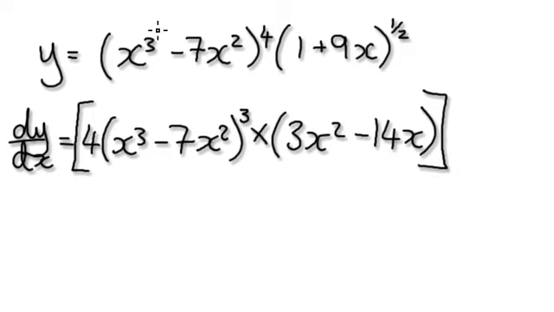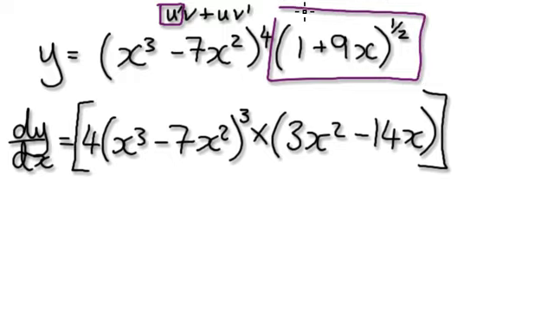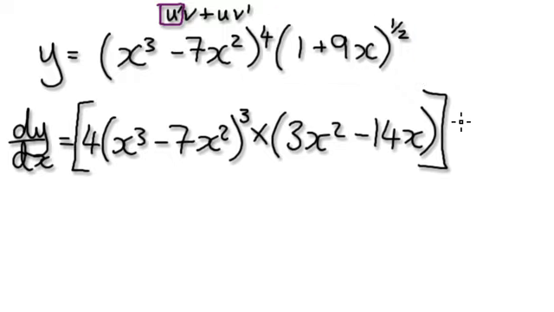Okay, that's this here. Remember, we had to differentiate the u, leaving the v the same. And then we've got to plus, and then leave the u the same, differentiate the v. All that we've done so far is this bit here. We just differentiate the u. Okay, now leave the v intact. So that will be this bit here. Leave this intact here. So that will be 1 plus 9x to the power of half.